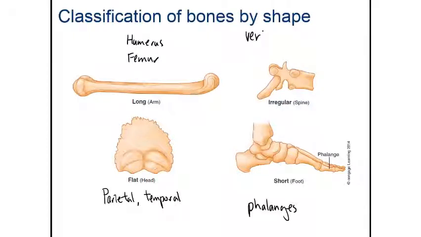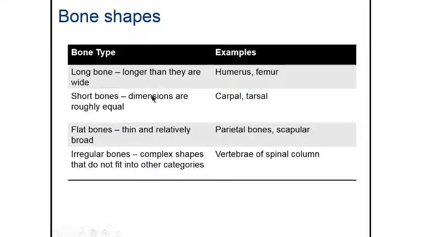So that includes the vertebrae, right, all of them, sacrum, right? So these are all irregular shape bones. So just know a few examples of each type for the test. Oh, there they are. Okay, I actually listed some examples here for you to see.